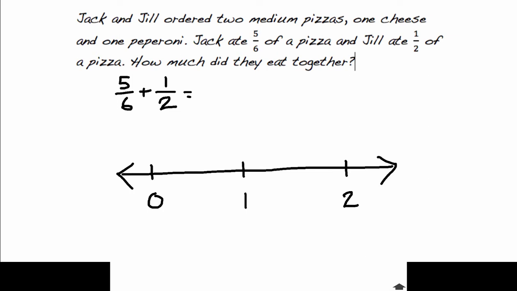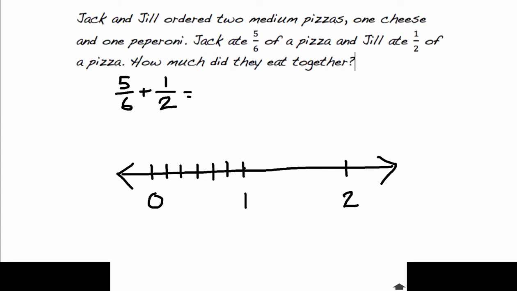Now from here I've got to decide how I'm going to break up my number line. Well, I'll start with the first fraction of 5/6 and know that I want each of my units broken into 6 pieces. So from 0 to 1, I'll go 1, 2, 3, 4, 5, 6 pieces.